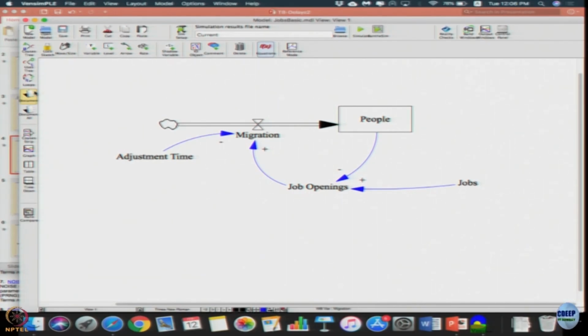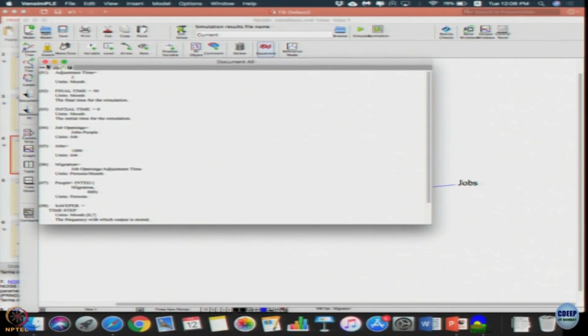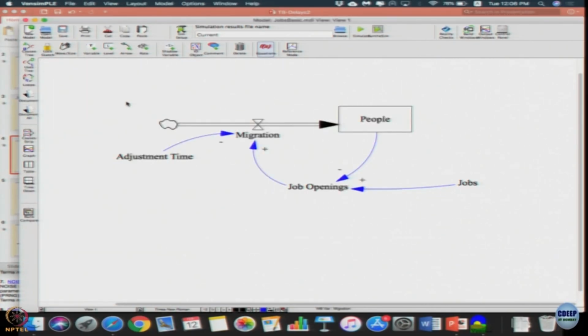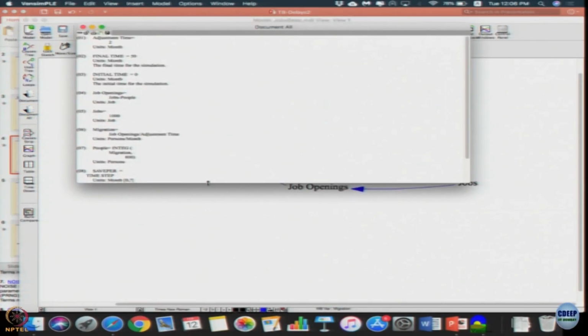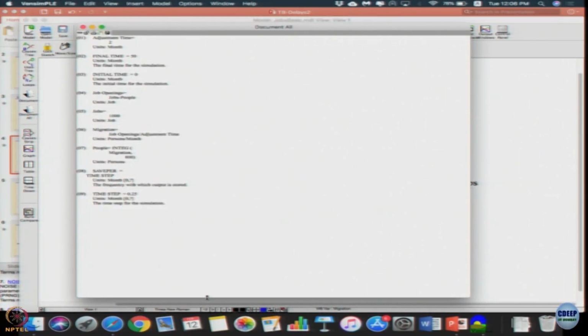Another thing while we are here. In your Vensim model, there is a button called Document All. If you click that button, it will give the entire model along with the settings in equation form.